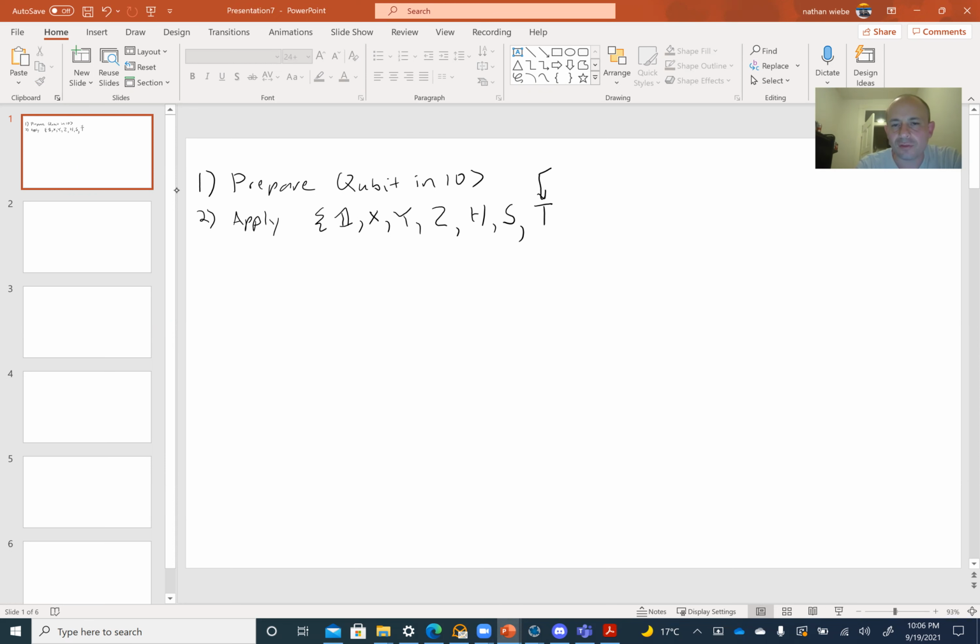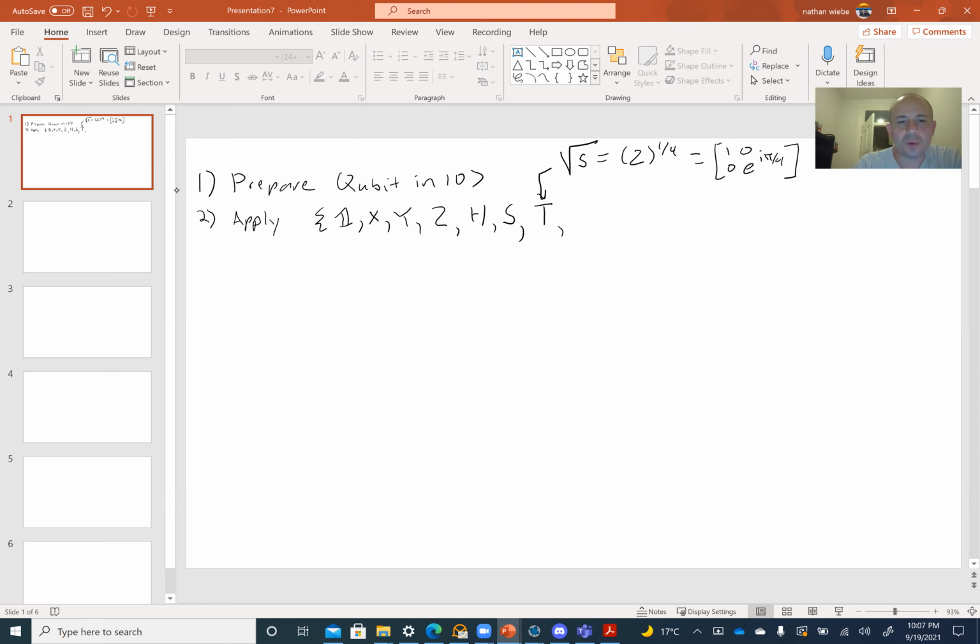The T gate is defined to be the square root of the S gate, which is the fourth root of the Z gate. And this is equal to the matrix 1, 0, 0, e to the i pi by 4. Okay, so those are the first set of gates.